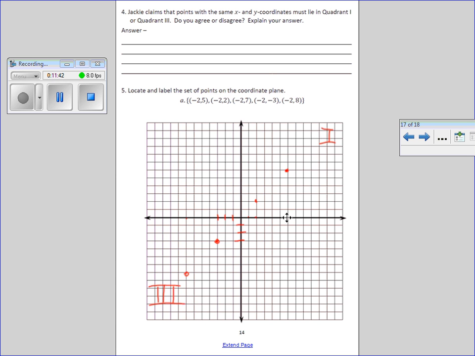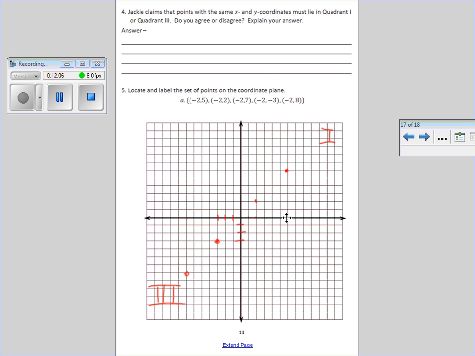She says that it has to be in quadrant 1 or quadrant 3. Is she right? How many say yes? Guess what? There's one exception. Can you think of it? It's a great question. Give me the exception to the rule.